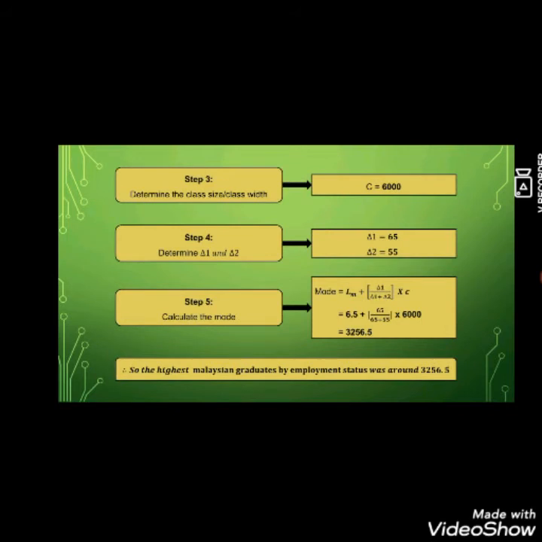Third step is to determine the class size, and our class size is 6,000. Step 4 is to determine A1 and A2. Our A1 is 65 and A2 is 55. And the last step is to calculate the mode using the formula. And we got the last answer, 3,256.5 for our mode.